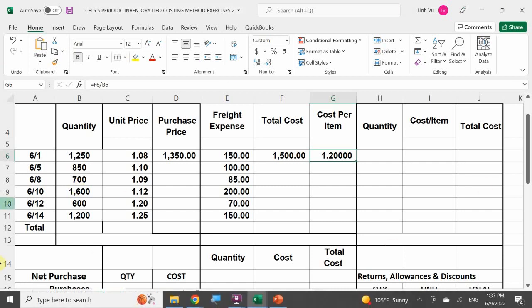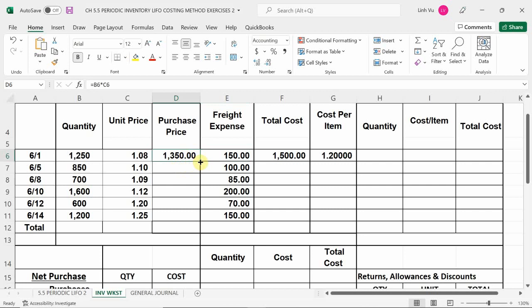So what's my purchase price here? 850 times $1.10 is $935.